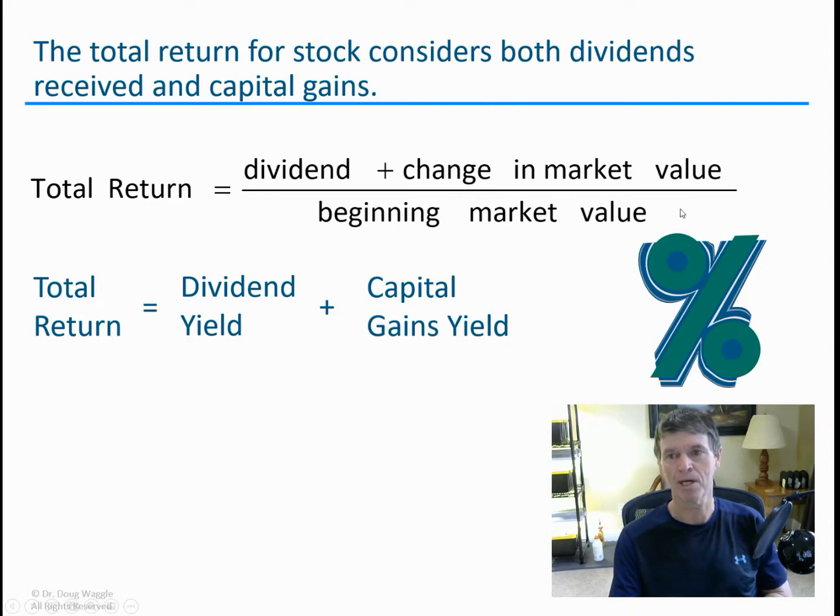Divide that by the price at the beginning of the year, and that gives you your percentage change in your total value. That's your total return. So part of your gain from owning a stock comes from dividends. Part comes from the price of the stock hopefully going up instead of down. Of course, if the price went down, that would offset any dividend yield you might have. So dividend yield is just your percentage return from the cash dividends alone.